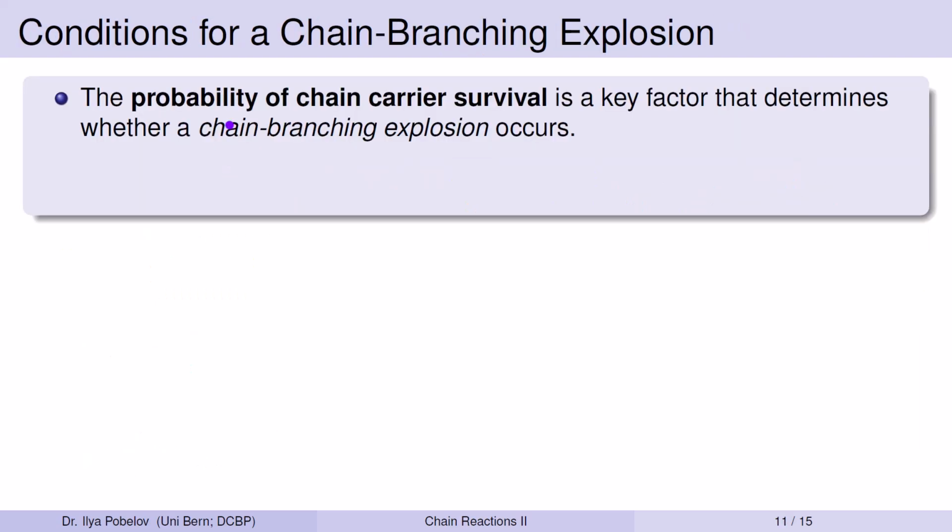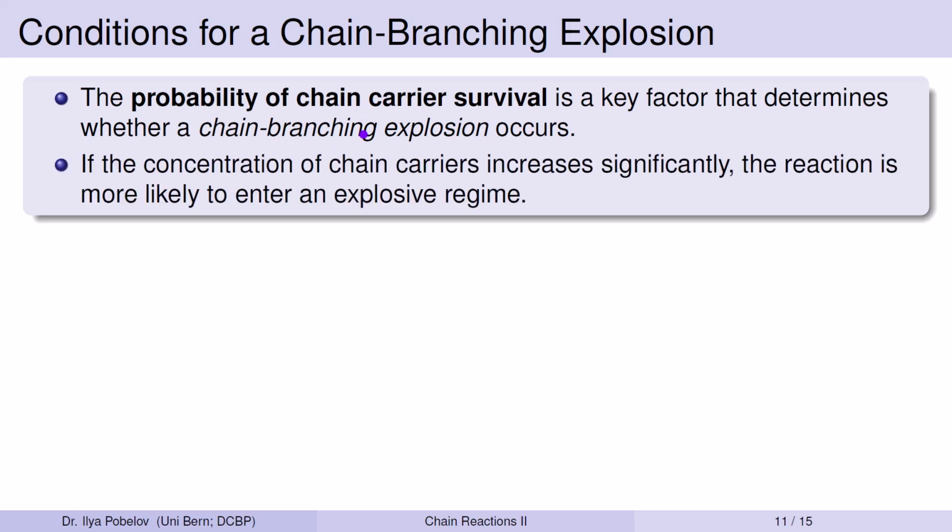The probability of chain carriers' survival is a key factor that determines whether a chain branching explosion occurs. A chain branching explosion is highly dependent on the concentration of chain carriers. If the concentration of chain carriers increases significantly, the reaction is more likely to enter an explosive regime.